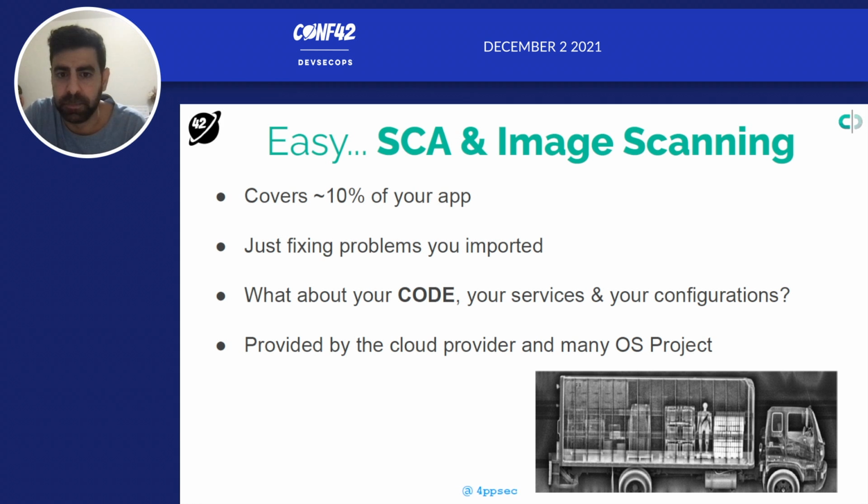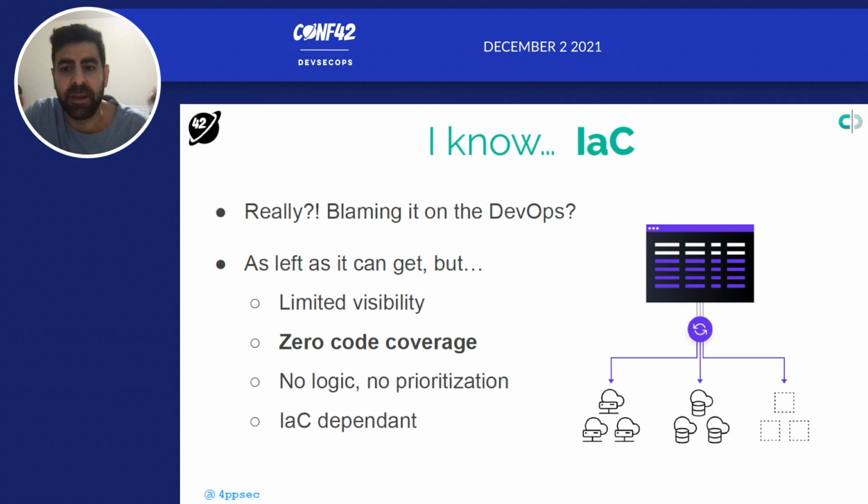So what should we do? I know, infrastructure as code. We all use infrastructure as code now, right? Terraform, Pulumi, serverless framework, whatever that is. That's great. Shift left as far as you can go, but again, you get limited visibility, because you just see configurations.